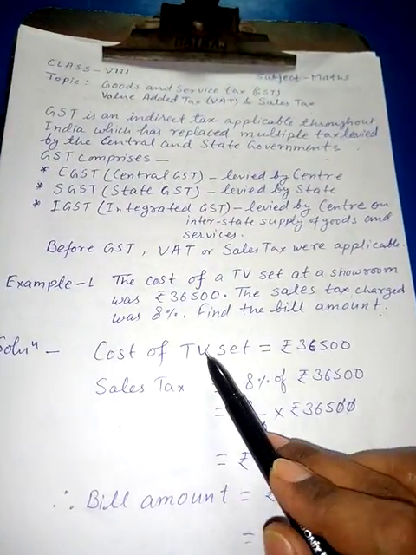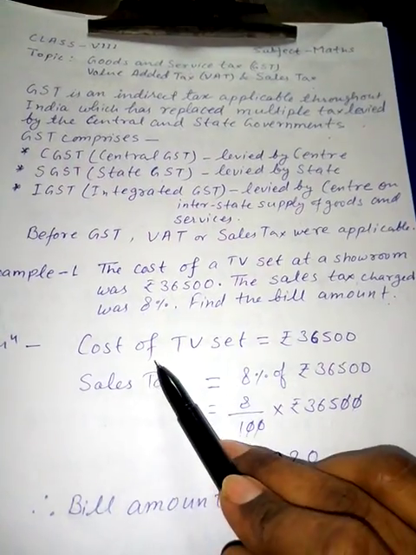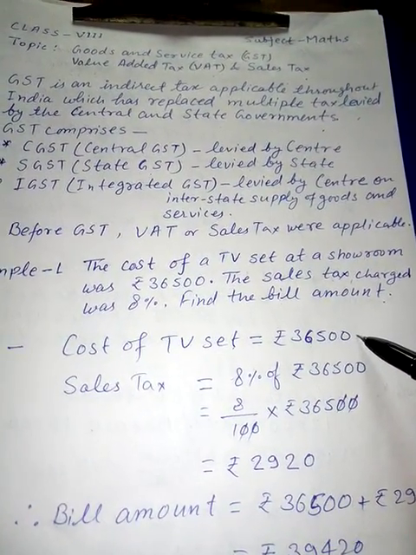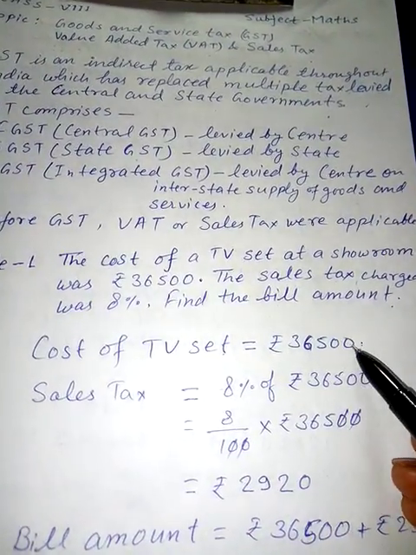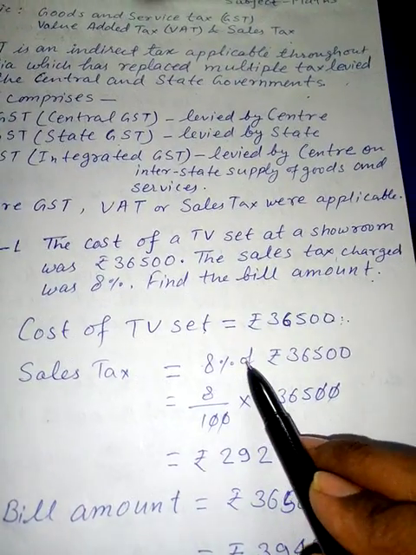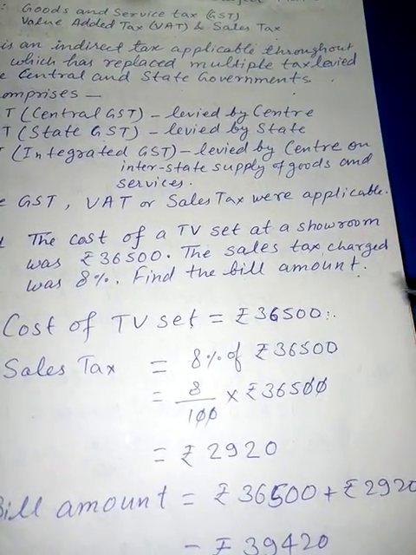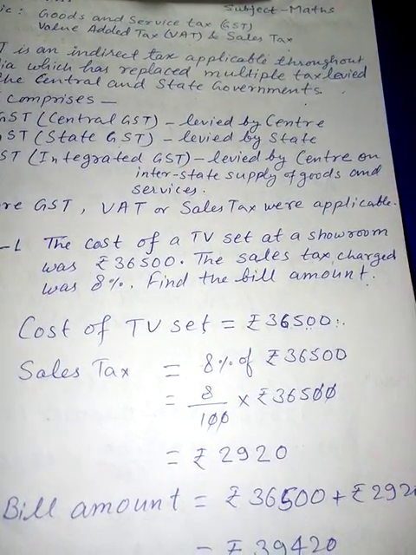So the cost price of the TV set, or you can say the mark price, but it is the cost price here because we buy the TV at this cost. The cost price of the TV set is 36,500 rupees. Sales tax is 8% of the dealing amount, that is, how much we buy the thing for.